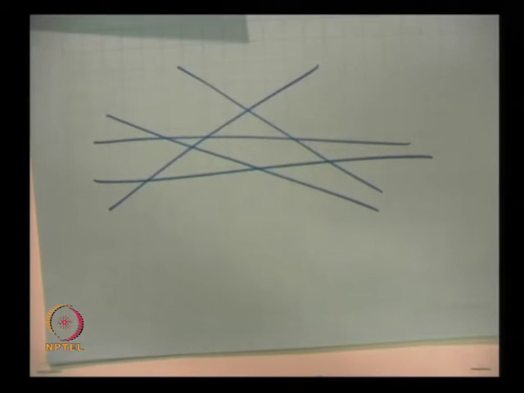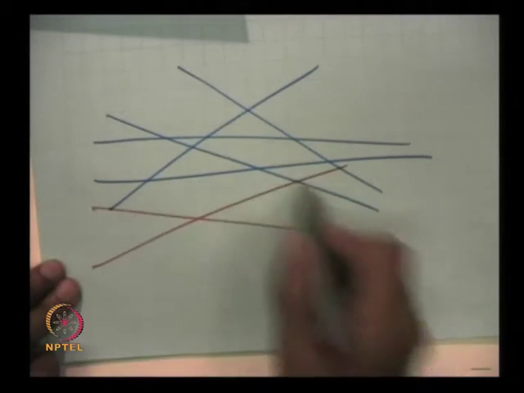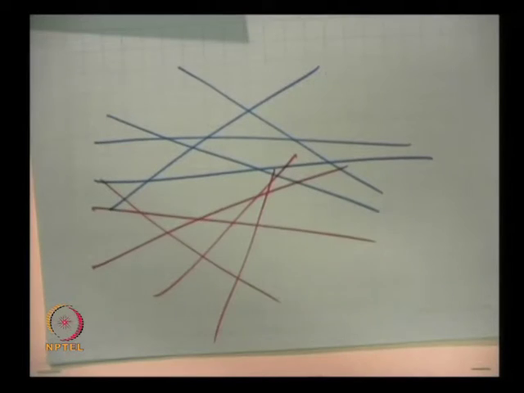Think of duality. If I dualize these red points and blue points, right, I am going to get a set of red lines and I am going to get a set of blue lines. All right.